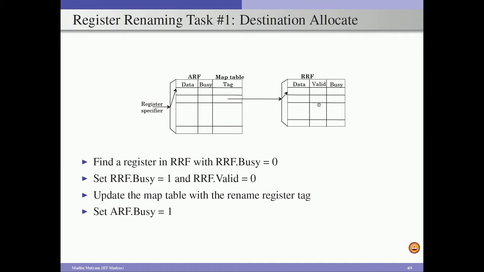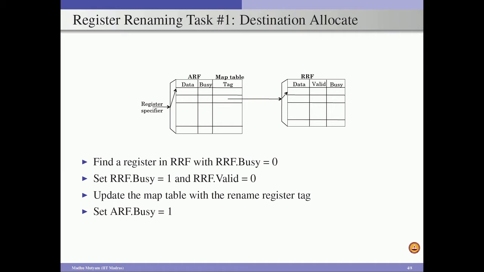In other words, whenever we select an entry in the RRF as a rename register for an architectural register, we set the valid bit to 0 and keep the busy bit at 1, so that this entry is busy but does not have any valid data in it.